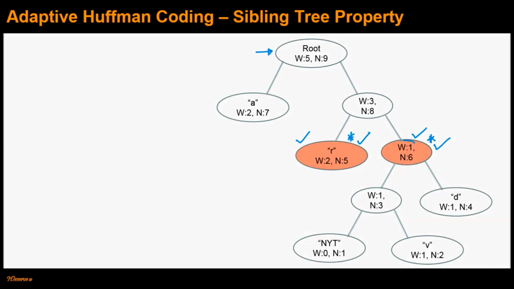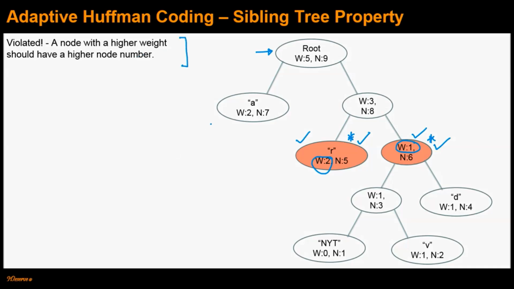The weight for this node is 1, which is less than 2. Therefore, the sibling property is violated in this case. A node with higher weight should always have a higher node number. I hope the sibling property is clear now. I will be explaining and illustrating this property as we advance in this video.